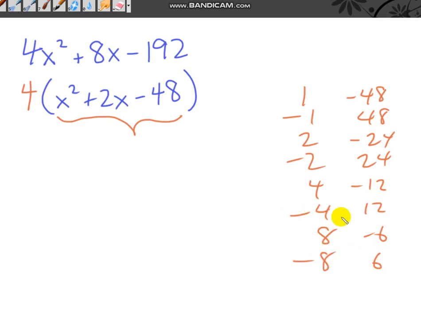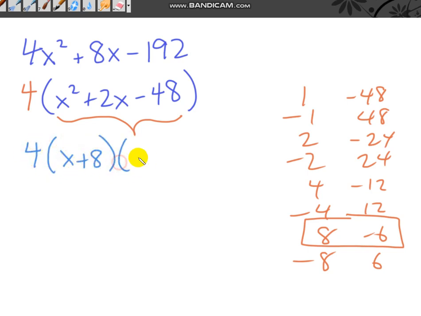Okay, so what I see is this will work. So when we write out the factored form of this, this is going to be 4 times x plus 8 times x minus 6.